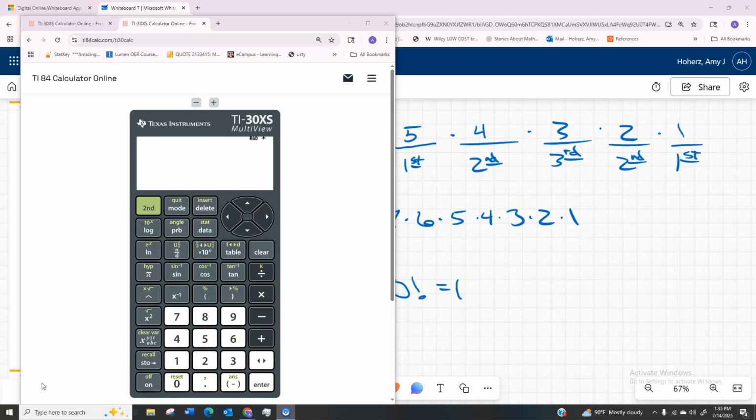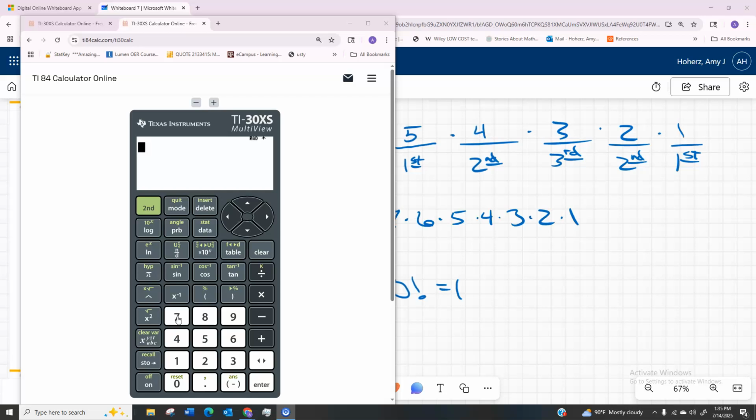Sometimes that's the case, and sometimes it's just above a button or on a button. You will just have to look on your calculator. If you can't find it, you can try to Google it. You could also email me if you get really stuck. But on this particular calculator, like a lot of calculators, it's under this PRB for probability button.